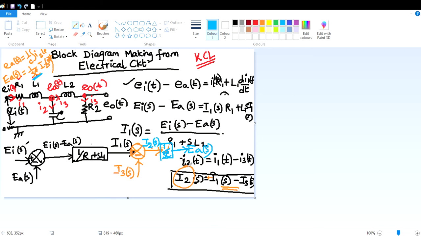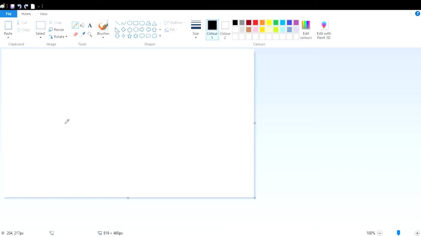Okay, now I have to draw it again because I don't have space. So we have considered that we got 3 equations and we have drawn the block diagram up to that point.